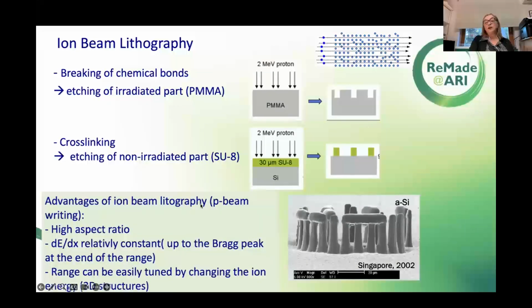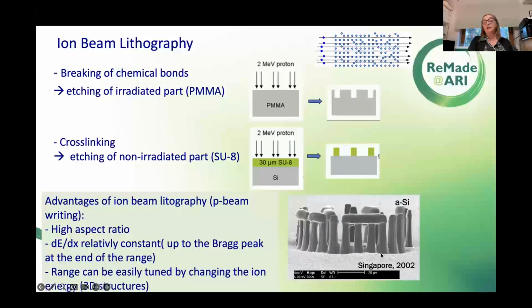And the advantage of ion beam lithography is, again, that you have this high aspect ratio. You see here this beautiful micron-size Stonehenge, which was done by the group in Oxford a long time ago, but it's really beautiful and is demonstrating several things.